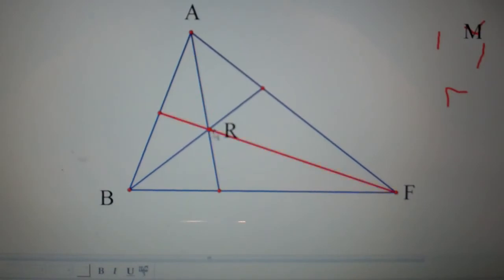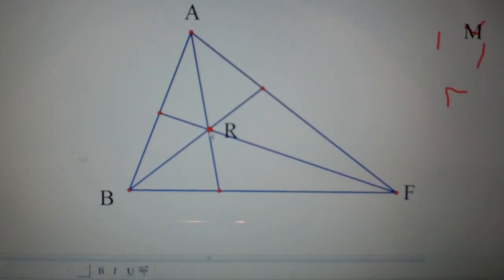So for example, the distance from R to this side, the distance from R to this side, and the distance from R to this side is congruent. Now it may not look exactly like it in this diagram, and that's okay because this is just a rough sketch.